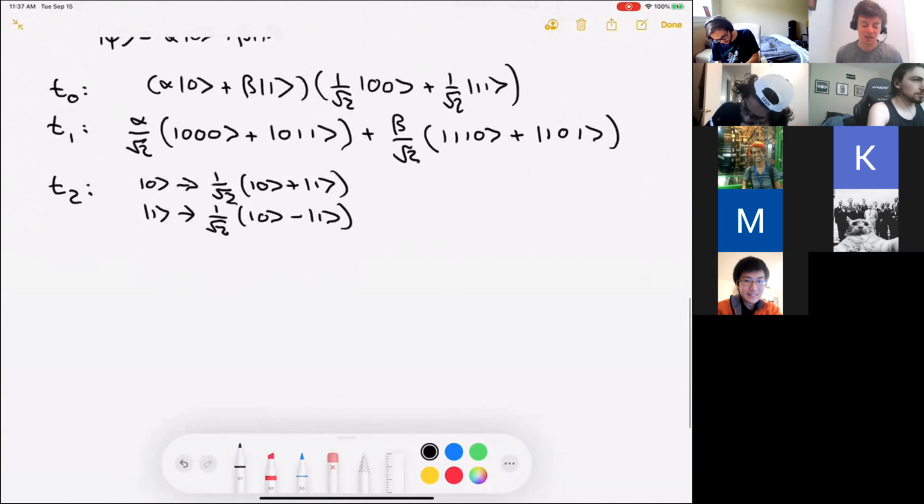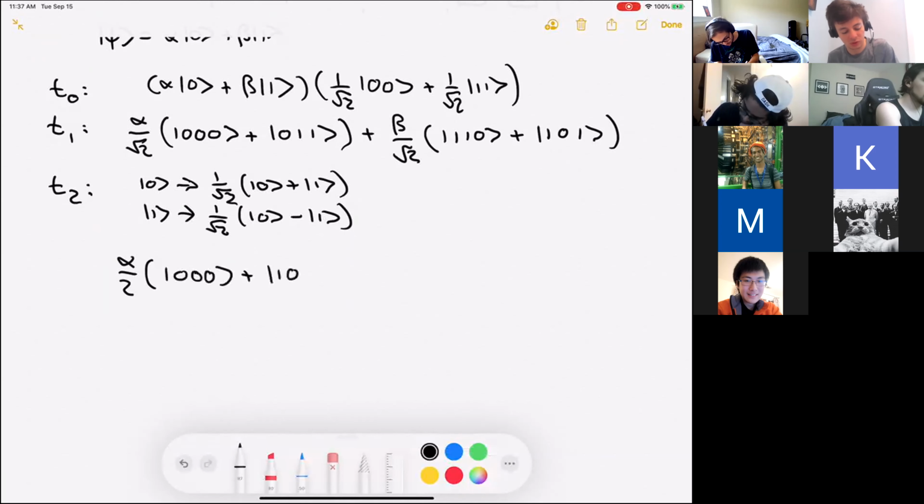So I'm just going to write down all these terms because there are quite a lot of them. So we now have alpha over 2 because we have an extra factor of 1 over square root 2 showing up. We have 0 goes to 0 plus 1. So we have a 0, 0, 0 plus 1, 0, 0. And we have plus 0, 1, 1 plus 1, 1, 1.